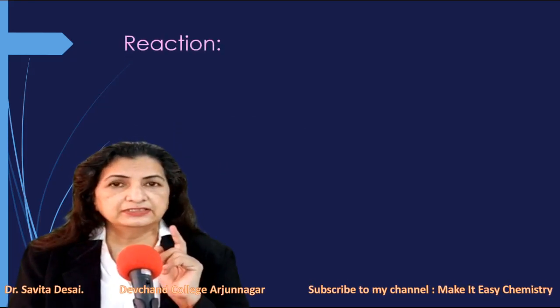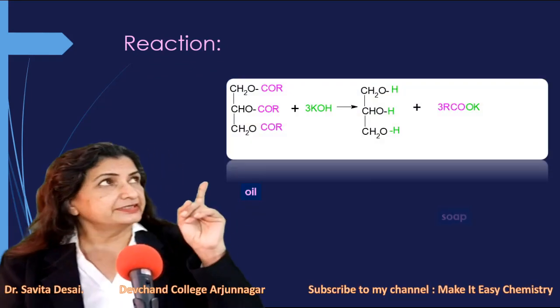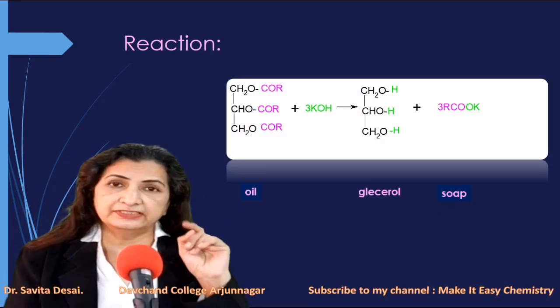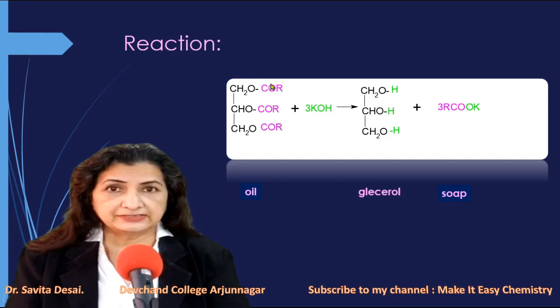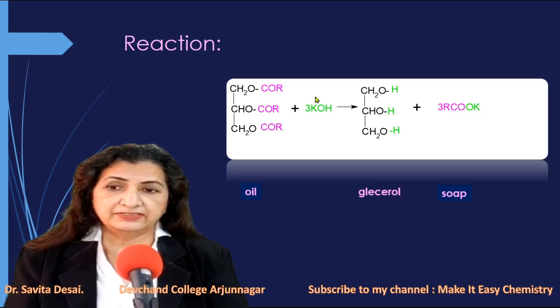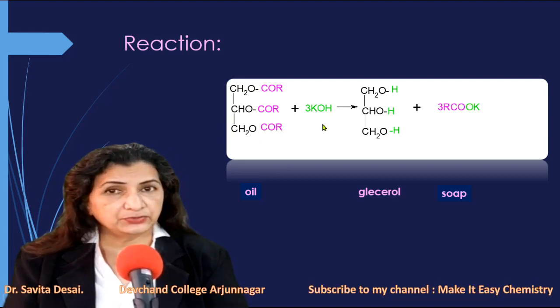So how is this experiment involving the reaction? This is the reaction which is involved in this particular experiment. This is the oil, esters of glycerol with the fatty acids, on treatment with KOH.